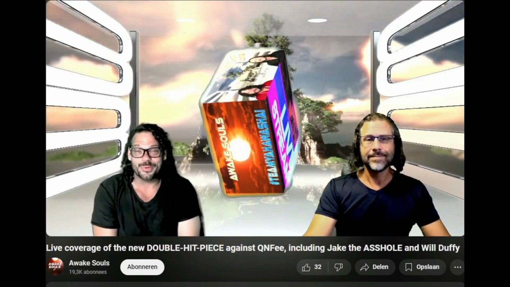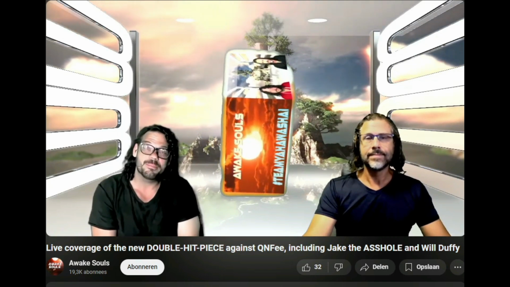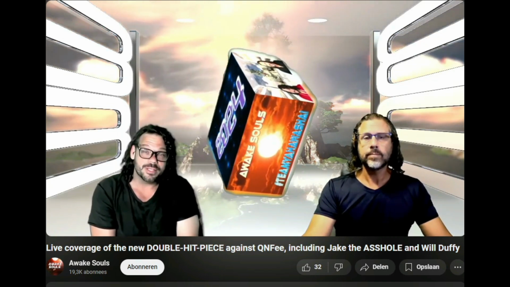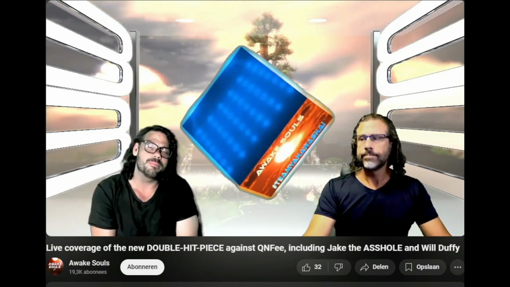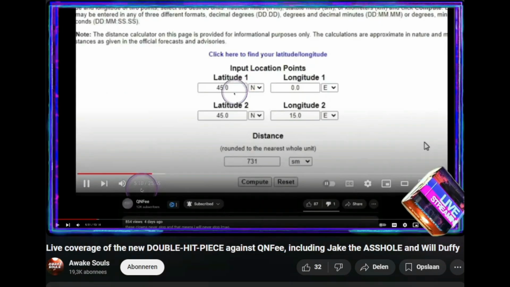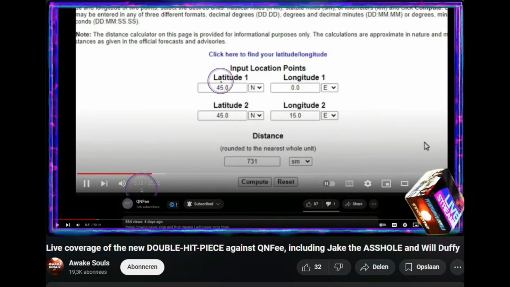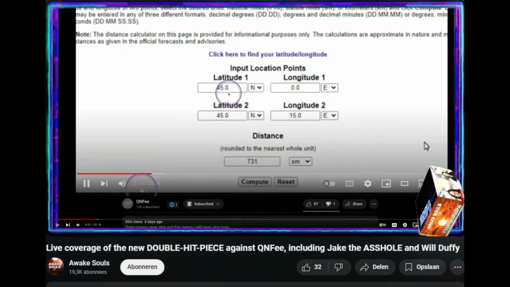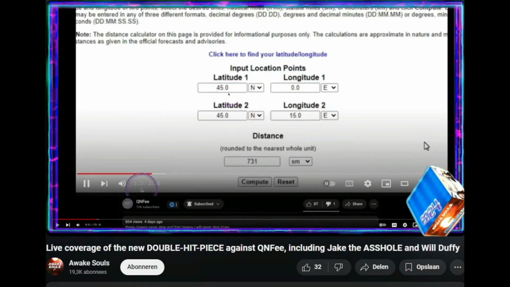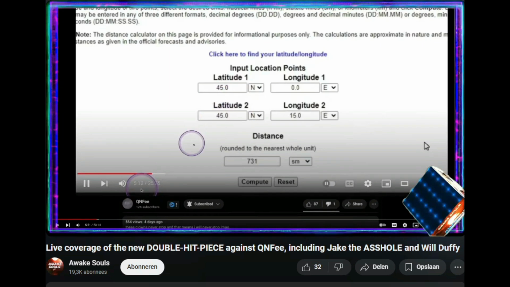I don't know what's going on with their heads, but what I'm really excited about is that we've got the new limitless coordinate system to bring out tonight. We're going to get to that. This is a latitude, longitude, distance calculator, and we can do some playing with this. We found the stereographic coordinate system generator as a result of this whole process.